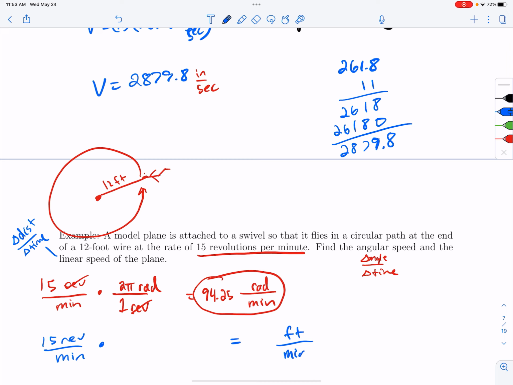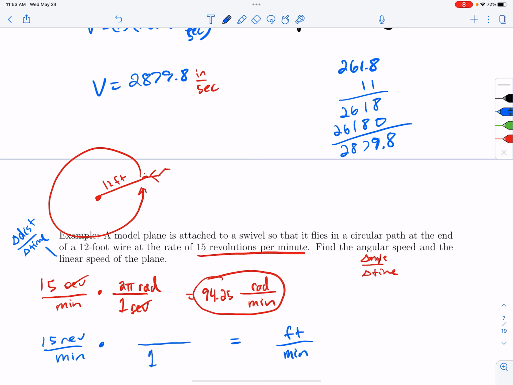So feet over minutes is what we'll end up with. I don't have to convert the minutes into a different unit of time, but I do need to convert that revolution into a distance in feet. Now this is where things get a little bit tricky. Nope, I don't want feet down there. I want revolution down there.